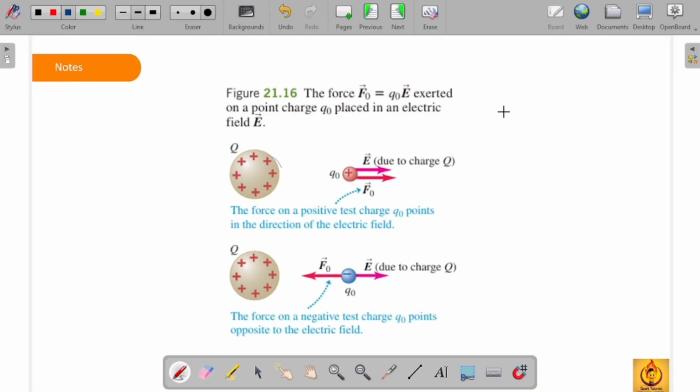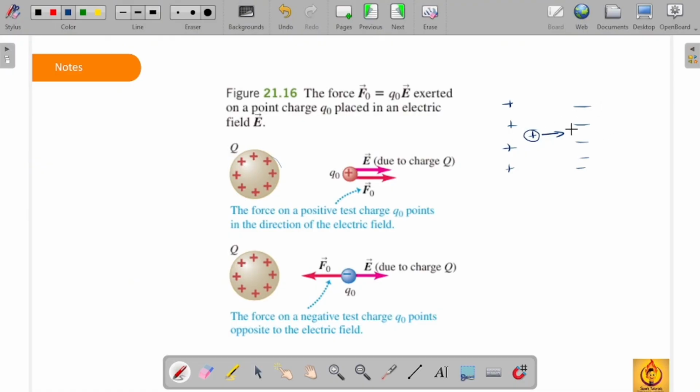Maybe before we move on, I can show you a small diagram. You will have positive on this side and then negative on this side. If your charge is positive, it is repelled. It moves from positive to negative.